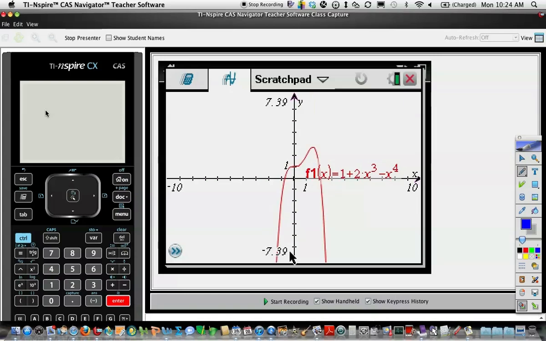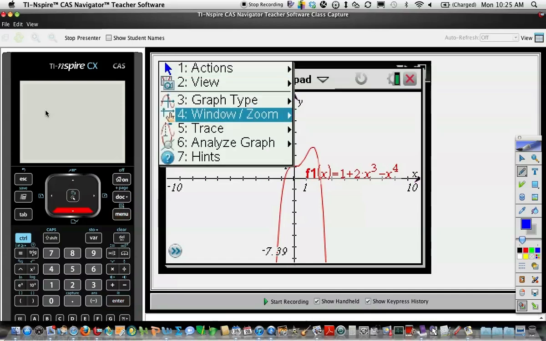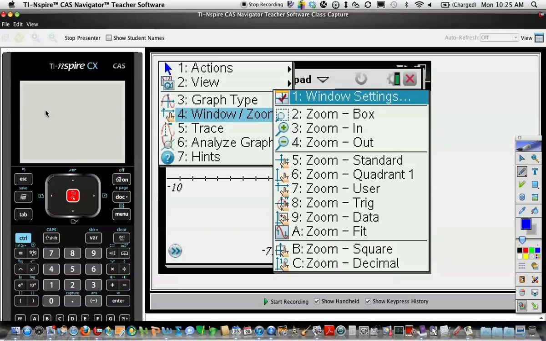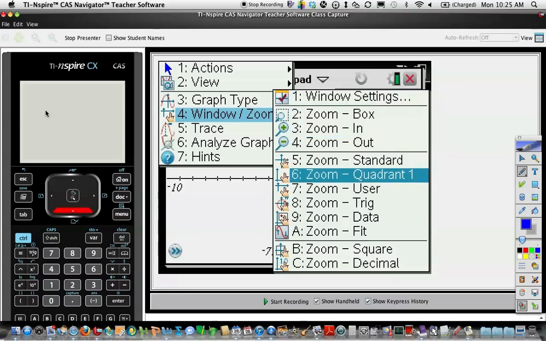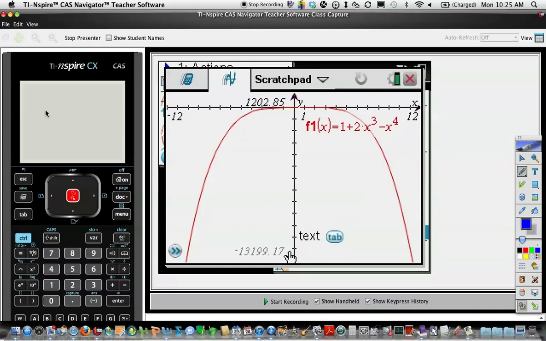Now, from -1 to 2, let me show you another nice little trick, another feature that the calculator has. If you go to the menu and the window menu and choose Zoom Fit, letter A down there, and that was a bad suggestion.